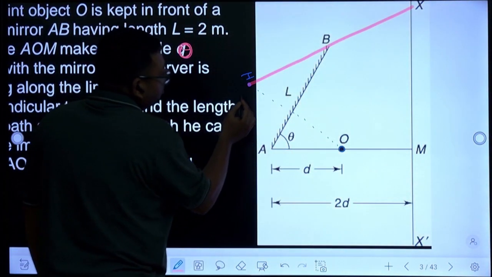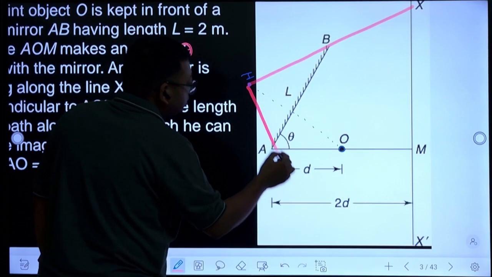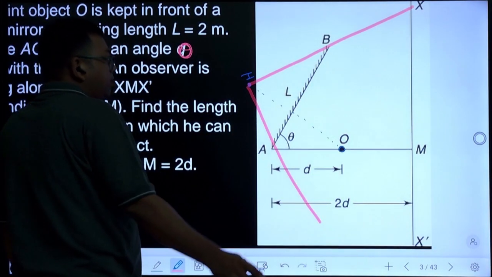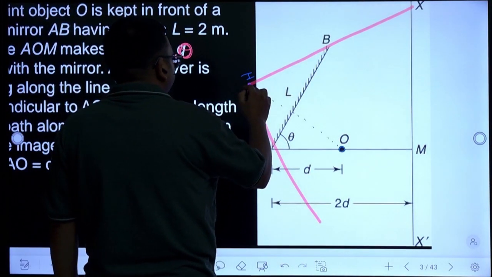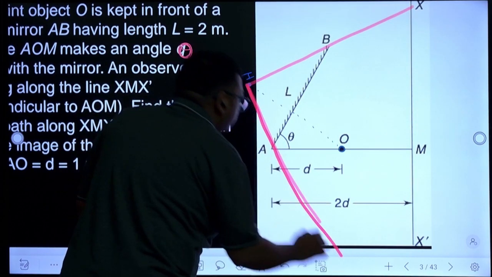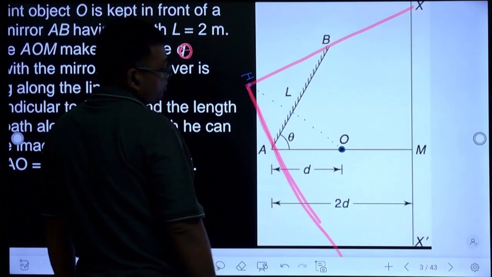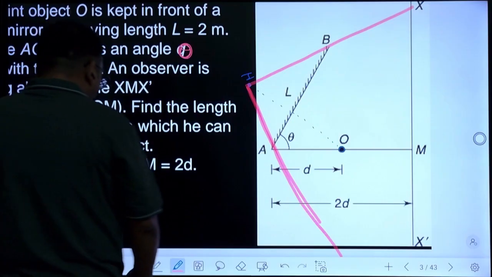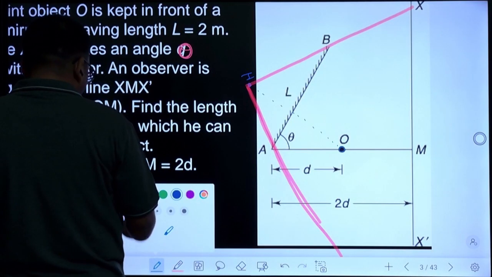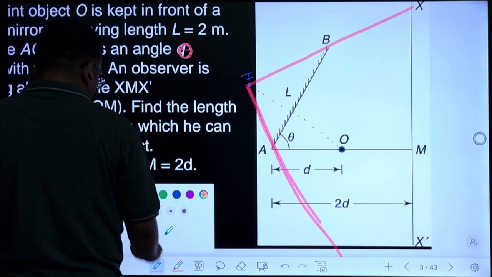Similarly, you have to connect this edge also. It may go far away, but you have to try like this only. This line will go and it will be cutting somewhere else. So the length of that line, we have to calculate.